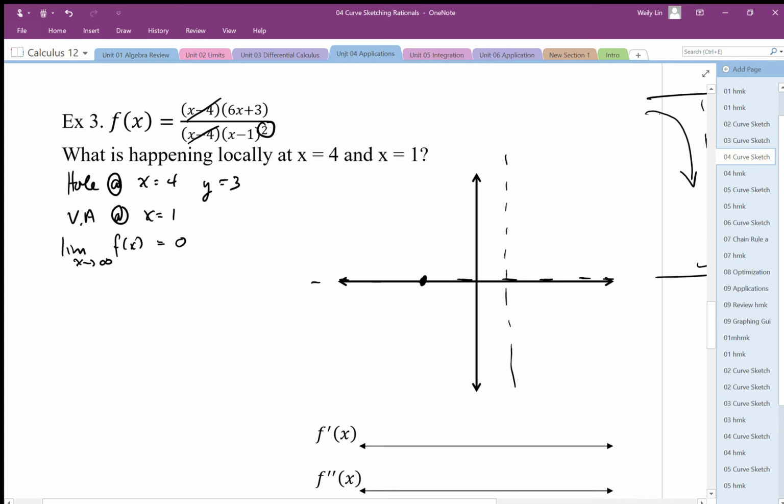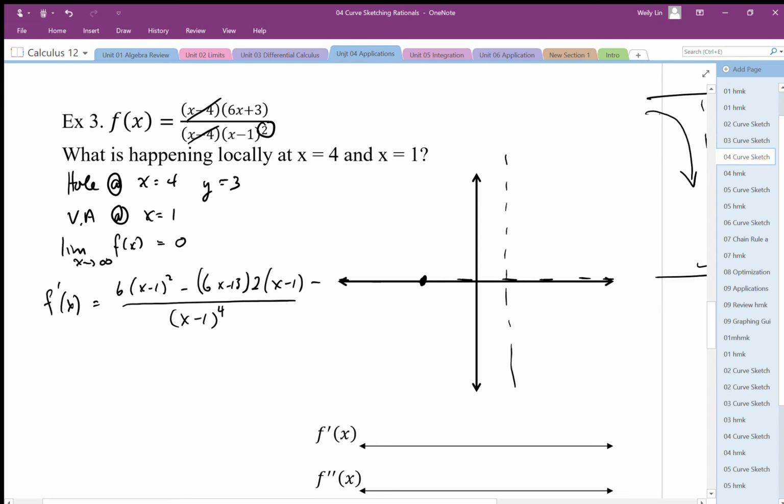I should figure out my derivative here. So I'm going to differentiate this. So f prime of x is going to be 6 times x minus 1 squared minus 6x plus 3 times 2x minus 1, and that's going to be all over x minus 1 squared squared.